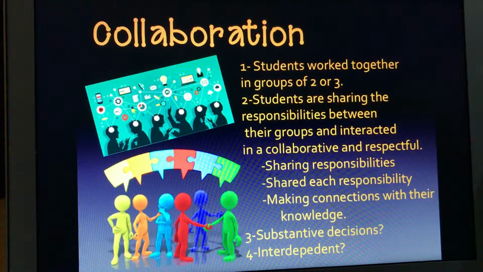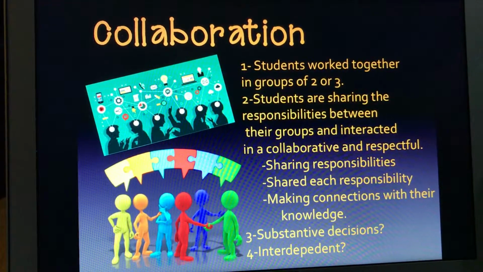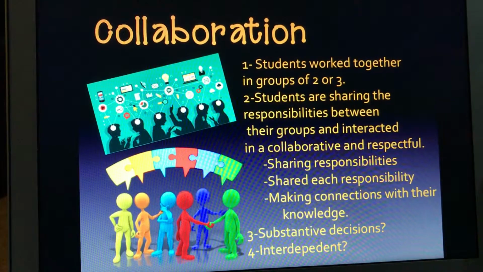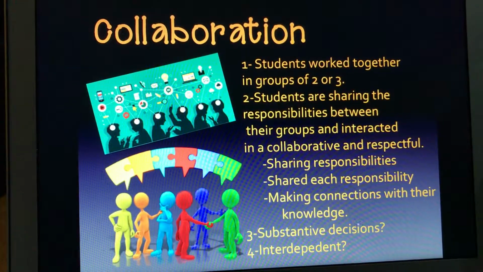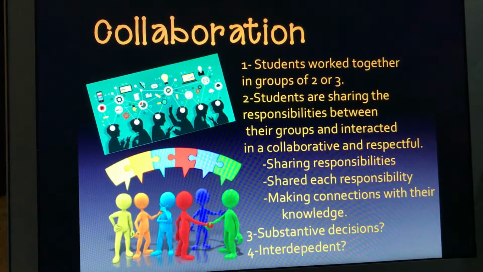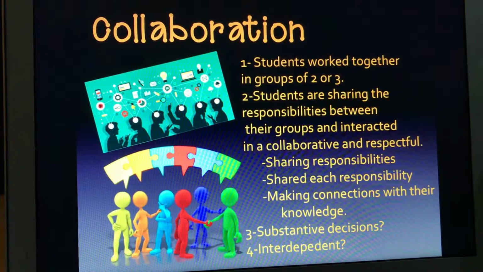They found sharing each responsibility meant each learner got the chance to be a leader in each aspect of the research project. The students were also making connections back to their prior knowledge and how it was connecting to the hypothesis they had used to start the project.